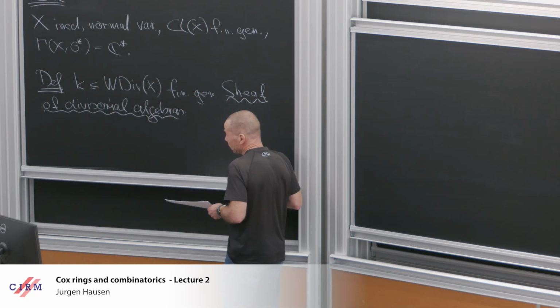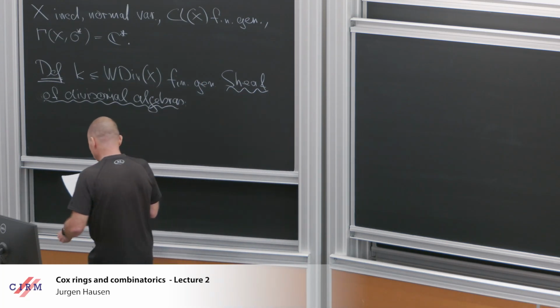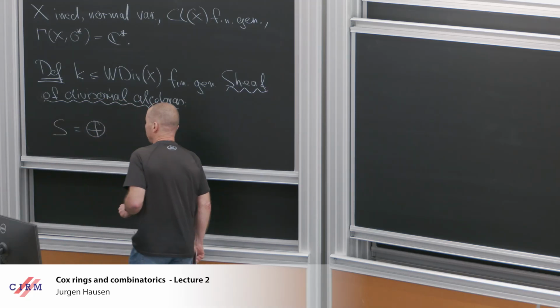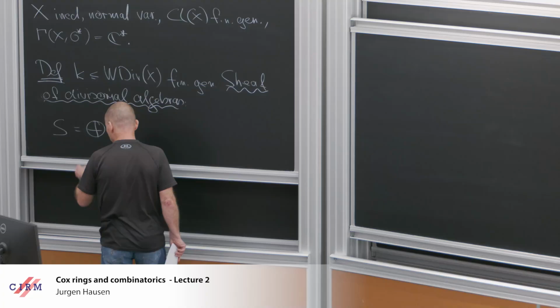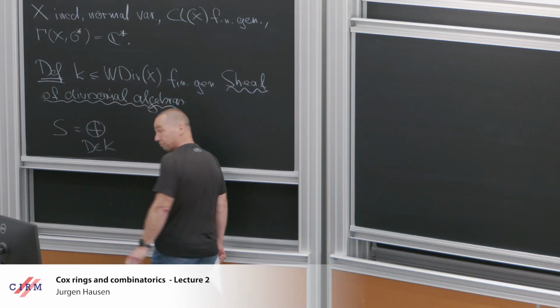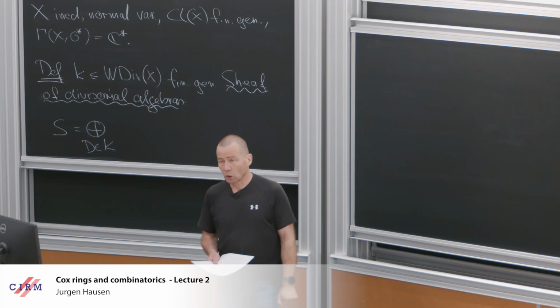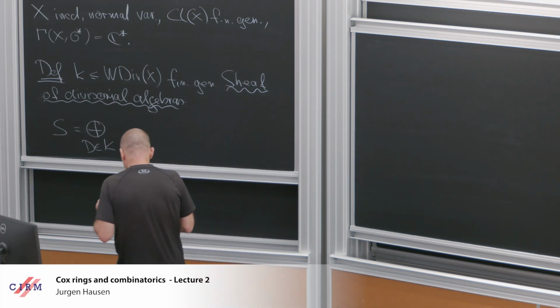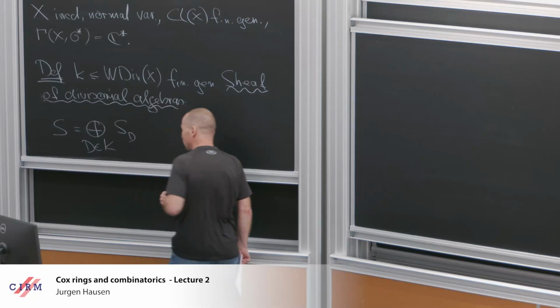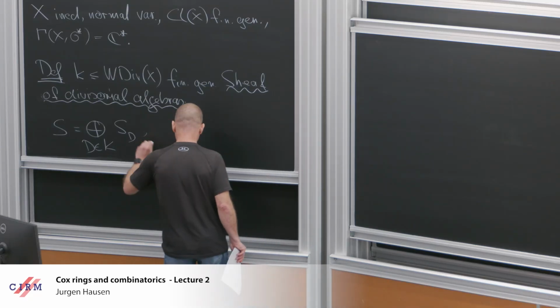This will be a graded sheaf of graded algebras. And the grading goes via that group, and I take divisors from this K coming from this group, and there will be homogeneous components. And now I have to say, what is the homogeneous component?